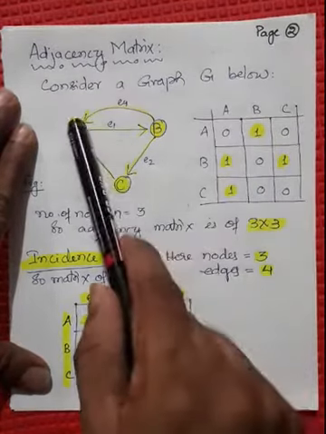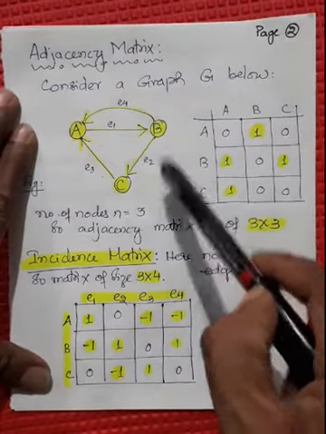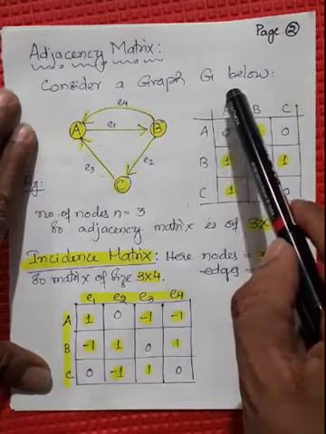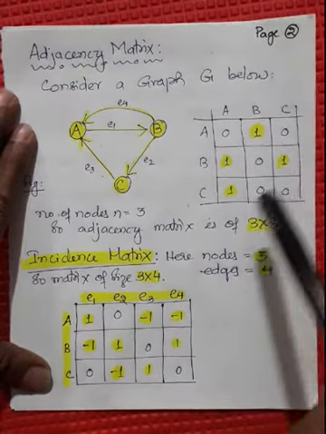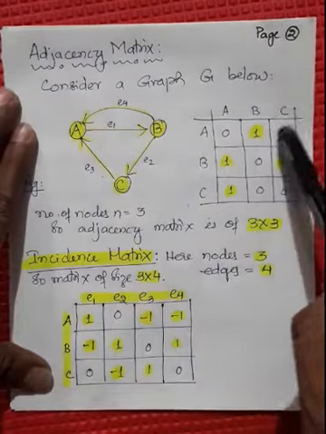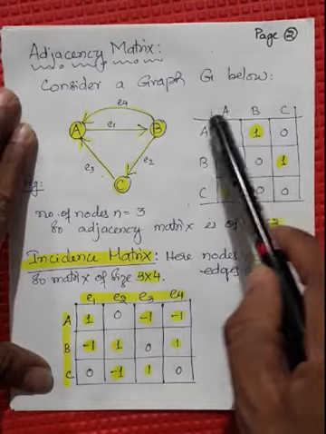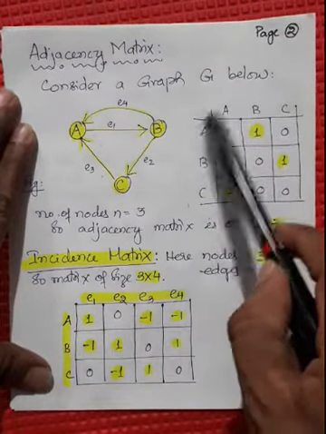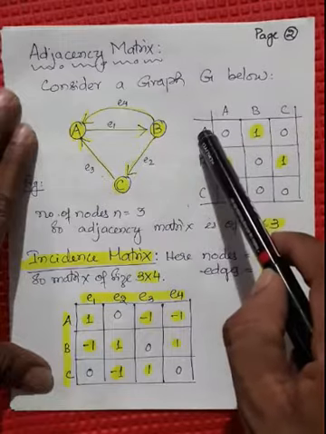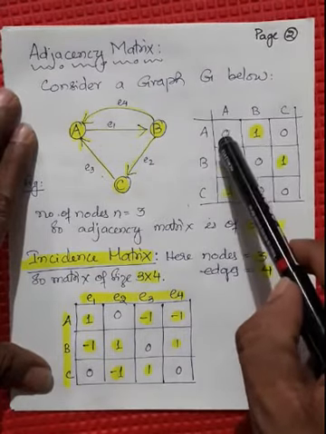If nodes are A, B, C in the rows, in the columns also we maintain the same serial order A, B, C. When you fill a value, say row A, column A, it is based on whether an edge exists from source to destination. If an edge exists, I put the value 1.